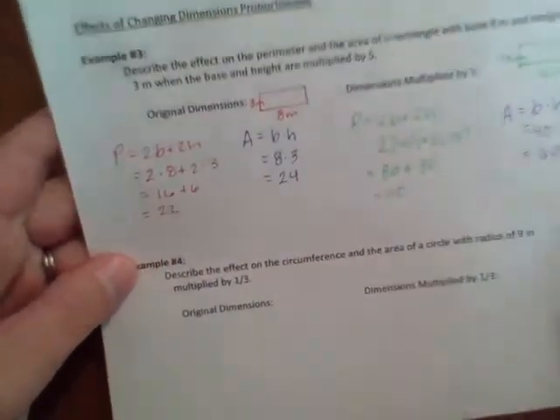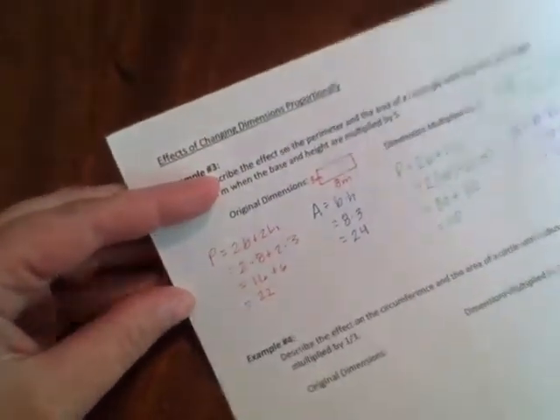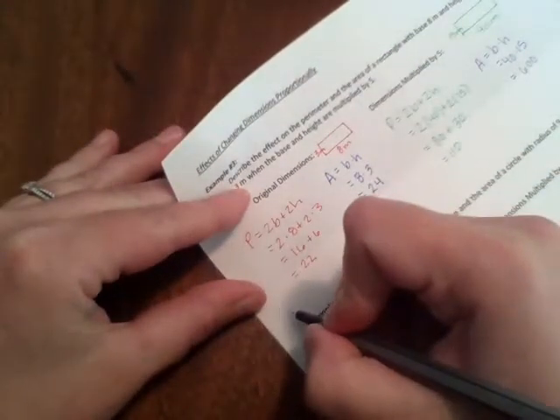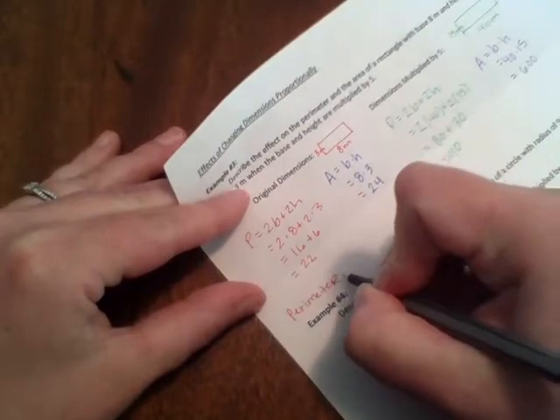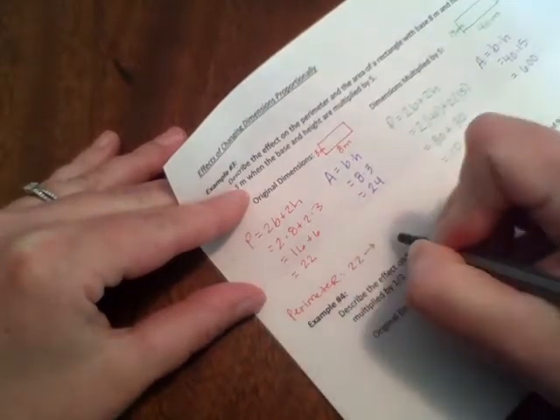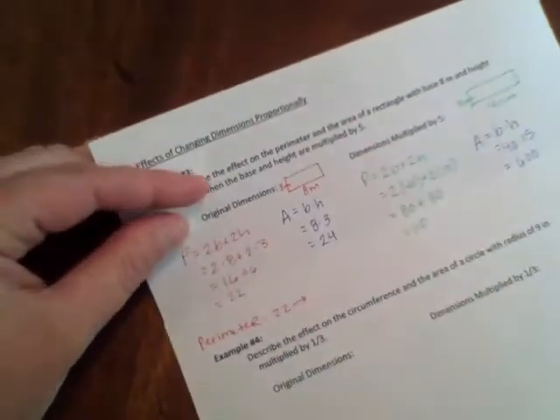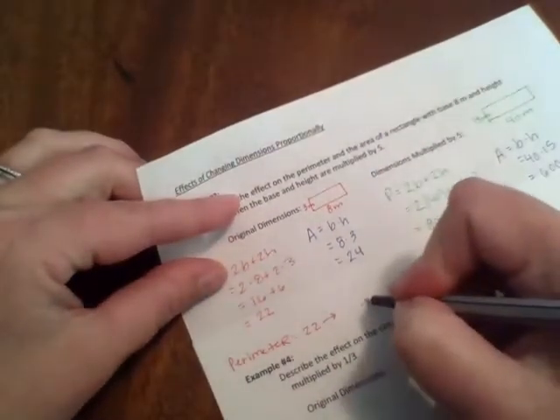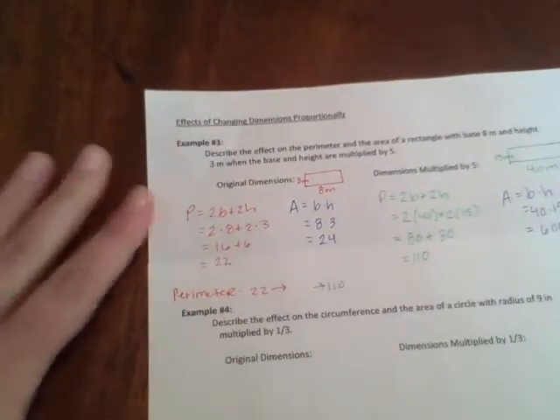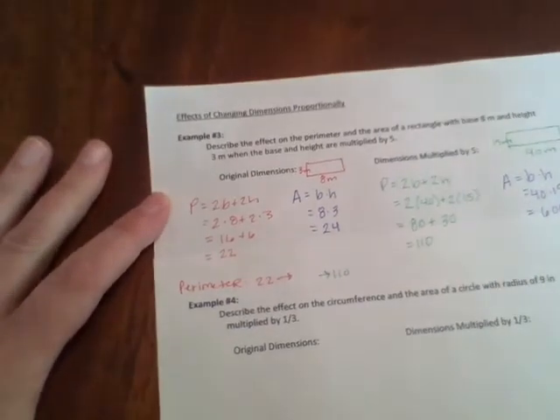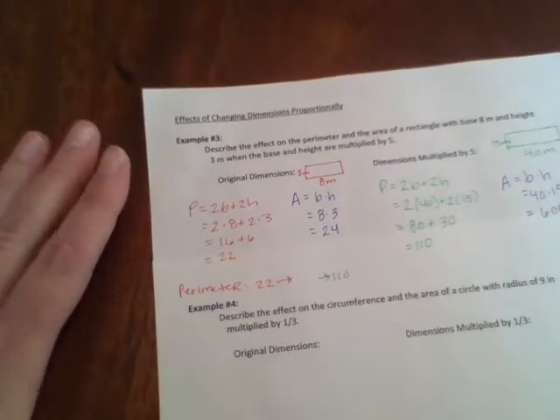All right. So what we need to do to talk about the perimeter is figure out what is the difference between 22 and 110. To get from 22 to 110, 110 divided by 22 is 5. So what we end up doing to get from one to the next is multiply by 5.